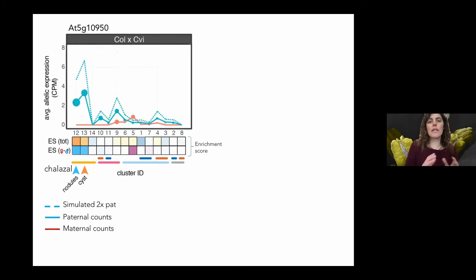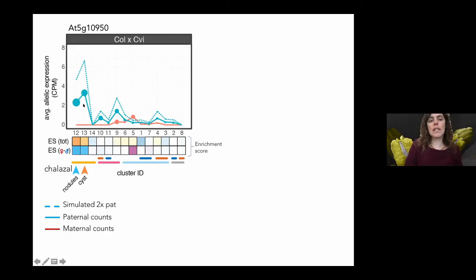I'll just show you one specific example of this for a gene that fell into this category. So here, Colette has drawn across the different clusters the maternal counts in red, the paternal counts in blue, and then just the simulated 2x maternal counts, because again, remember there's that difference in ploidy between maternal and paternal genomes.